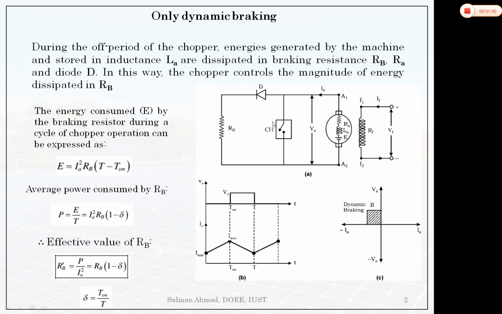Okay. So whenever this chopper is turned on, once this is connected through some gate pulse, in that case, whatever energy is stored in the form of back EMF, which is coming from the speed of the motor, that energy will circulate, or the current will circulate through this path, and this inductance will store energy in that period of time.